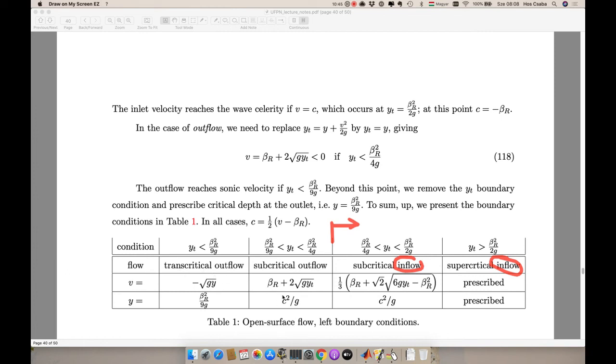Here are the equations. Probably it's worth mentioning that if you have subcritical outflow, you calculate first this quantity from beta and yt, and then the wave celerity and everything. But if you have transcritical outflow, then you first have to compute this quantity, and then from this, the depth, you can compute the velocity.